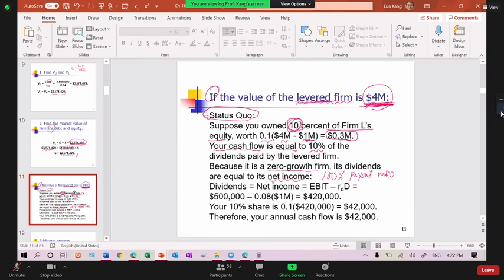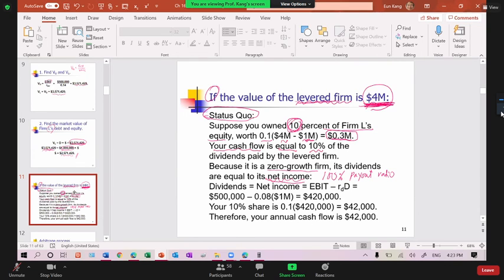For you to grow, you would have to retain some money and reinvest, but there is no additional investment. You are just maintaining the current level of income, so you pay all net income as dividend.